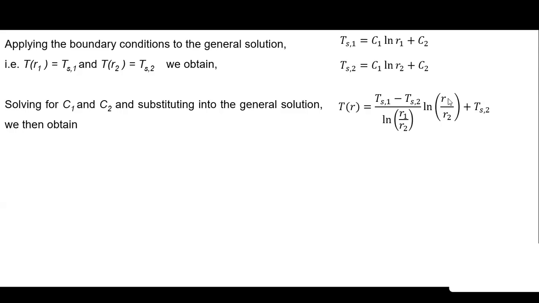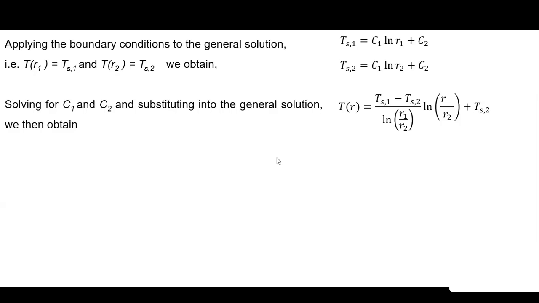That is the radius you have to substitute here, and R1, R2, Ts1, Ts2 are all constants. The only variable in this case is r. So once you put in the value of r, which of course lies between R1 and R2, we can get the value of temperature at any location within that object. This is how we can use this temperature distribution equation.